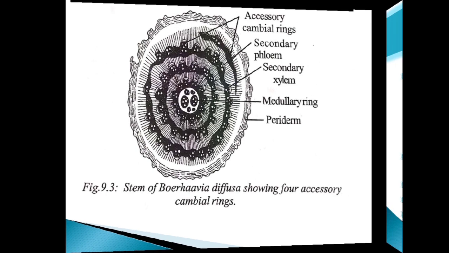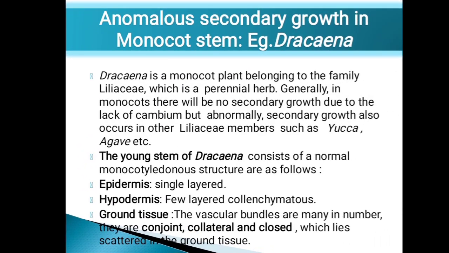So now coming to the anomalous secondary growth in monocot stem. Let us study what it is. Bhairava we have studied, that is a dicot stem, which we have just now discussed. Whereas the anomalous secondary growth seen in monocot stem, the example here is Dracaena. Dracaena is a monocot plant belonging to the family Liliaceae, which is a perennial herb.